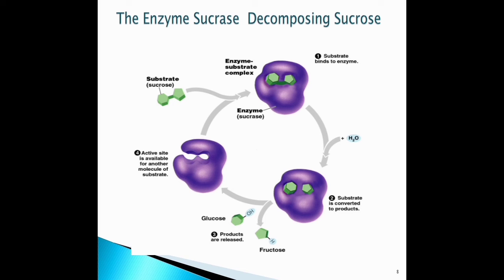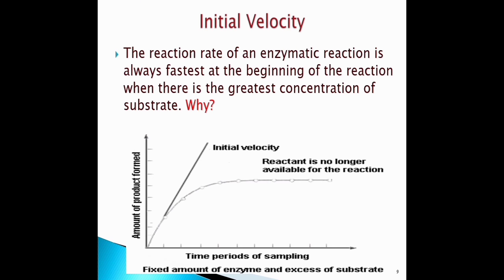Number 2, substrate is converted into product. Number 3, products are released, which are the products glucose and fructose. Active site is available for another molecule of substrate.